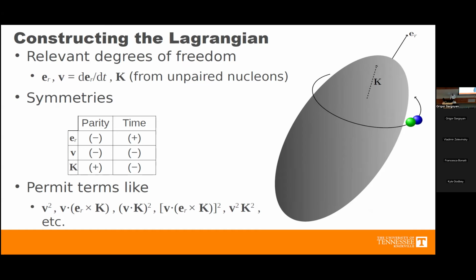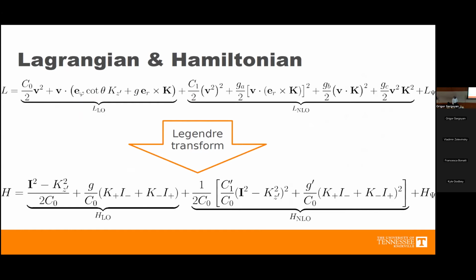Essentially mashing these terms together and categorizing them according to the size of the contribution that they make to the Lagrangian or Hamiltonian, we get something that looks like this. We build off the theory to next to leading order, and again get something that looks like this.